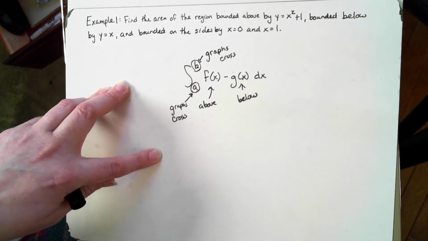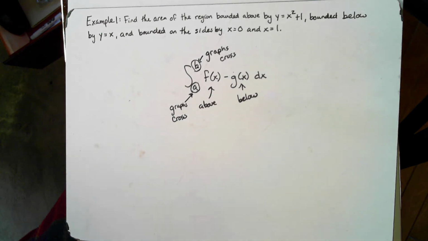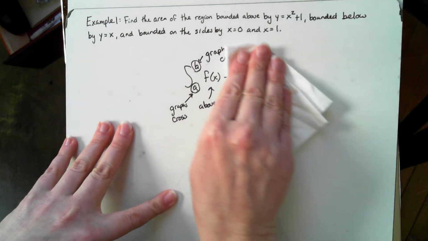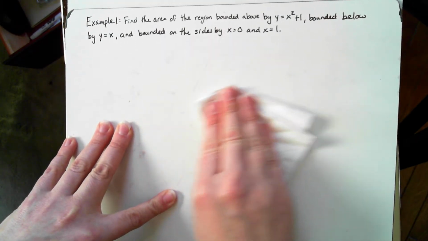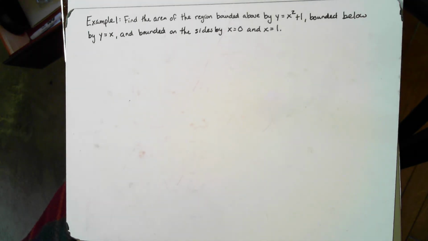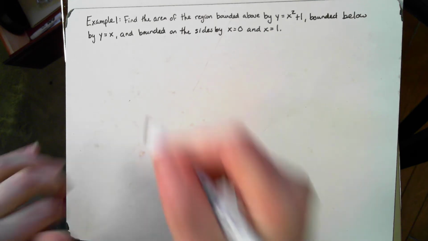So let's take a look at our example 1. It says, find the area of the region bounded above by y equals x squared plus 1, bounded below by y equals x, and bounded on the sides by x equals 0 and x equals 1. So I'm going to set up my integral.